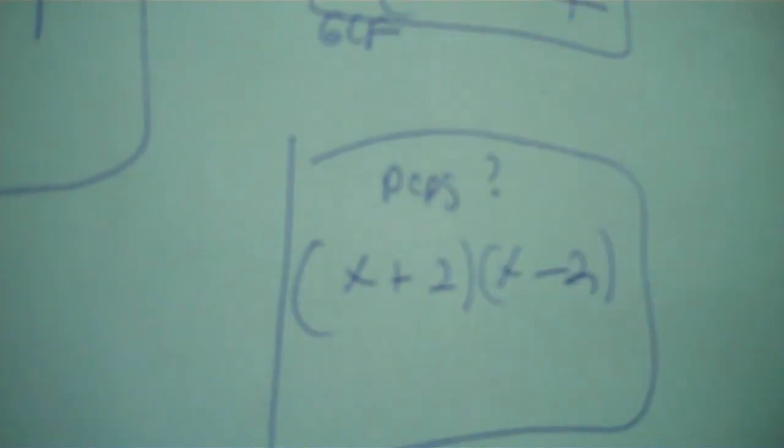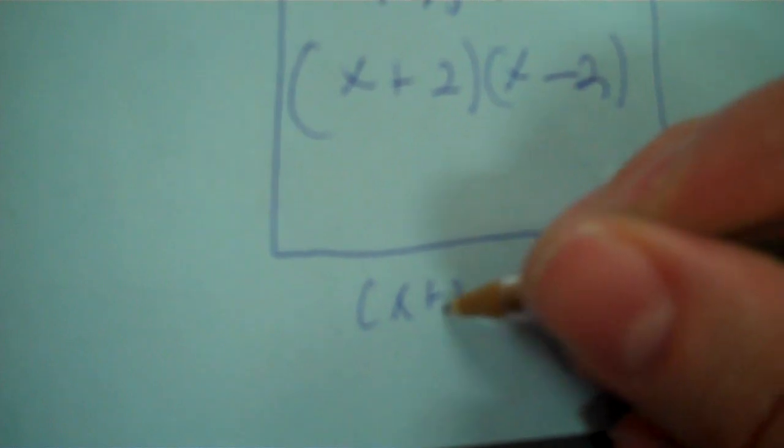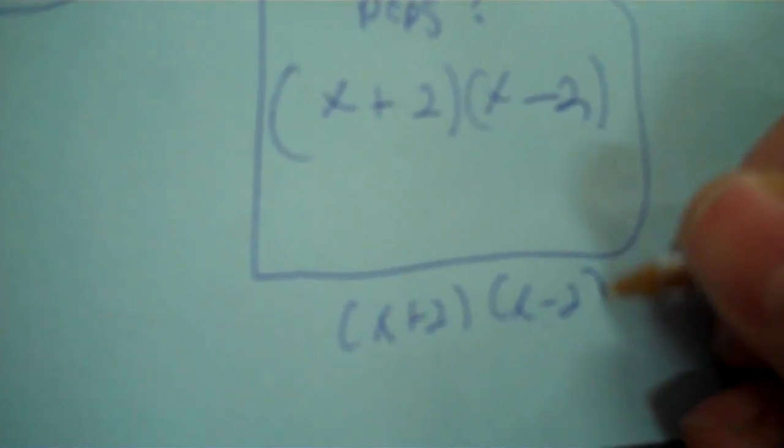By the way, if that's a 4, you need to write 2 times 2, but a 1 you can discard. And then 2 times 2, so it'd be x, 2, 2. Okay, so you replace this with this. X plus 2, x minus 2. Now, x minus 2, most of you should be able to tell by looking at that you're not going to be able to do anything with that binomial.